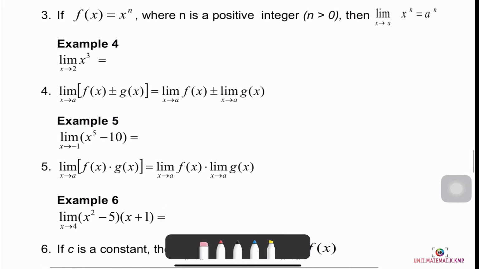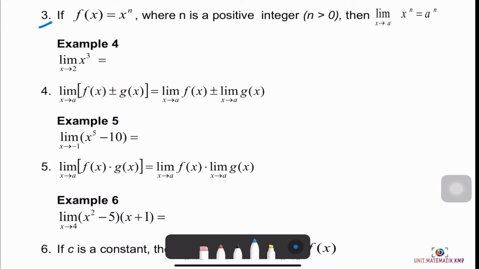For property number 3, if f(x) equals x to the power of n, where n is a positive integer, n greater than 0, then limit x to the power of n when x approaches a equals a to the power of n.